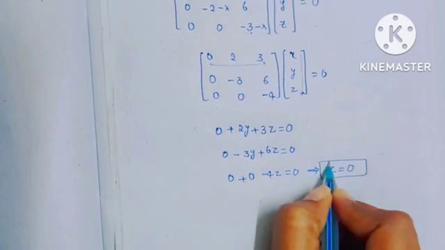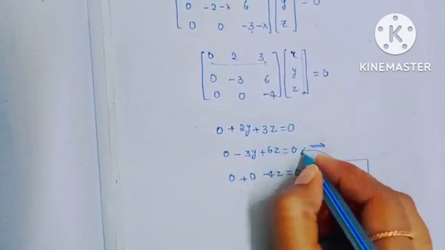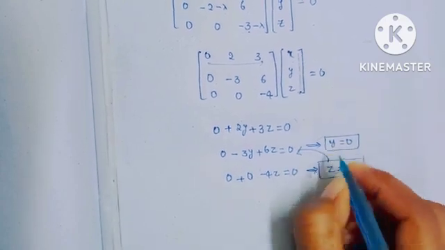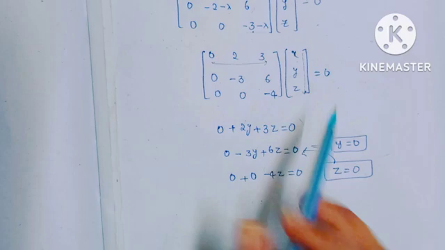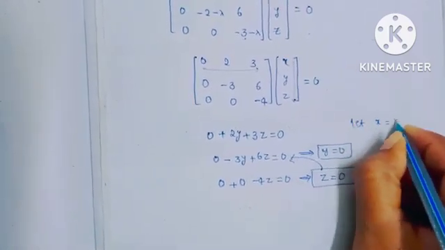By substituting z equal to 0 into any one of these equations, we get y equal to 0. And also we don't know the x value now. So we are assuming x equal to k1.